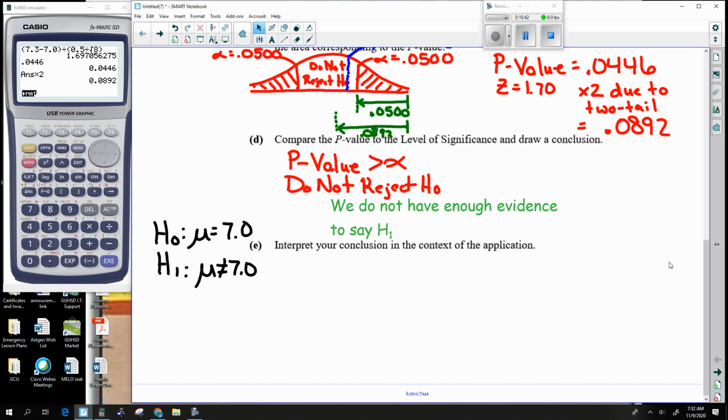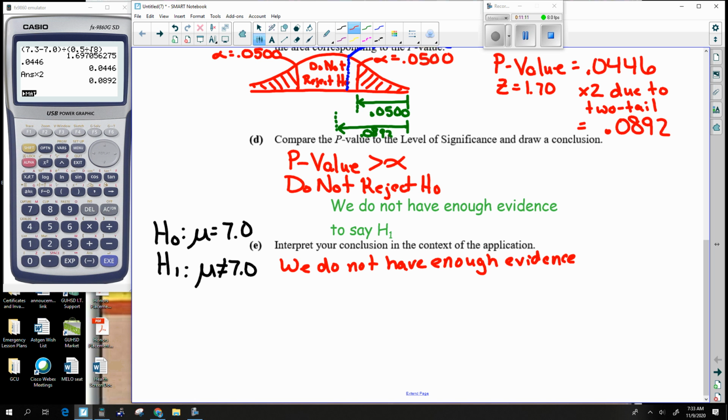So when that's our answer, this is what we say. We do not have enough evidence to say H1, but we don't actually say H1. We interpret the symbols of H1. So that is the average.